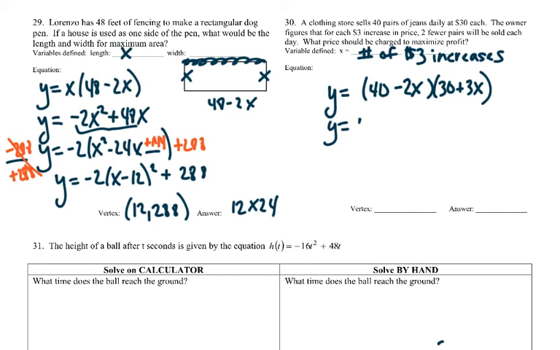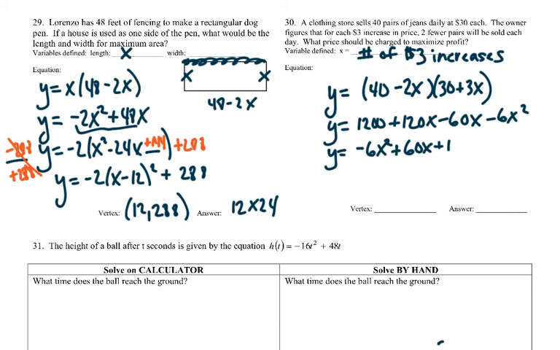I get 1200, 120x minus 60x minus 6x squared. So if I clean that up, I have negative 6x squared plus 60x plus 1200. So I've got to factor out the negative 6: x squared minus 10x plus 1200.